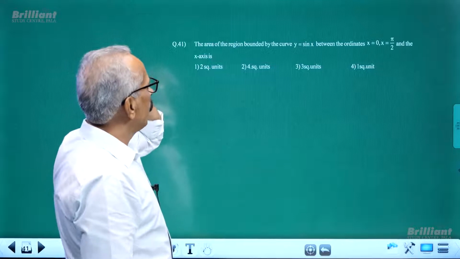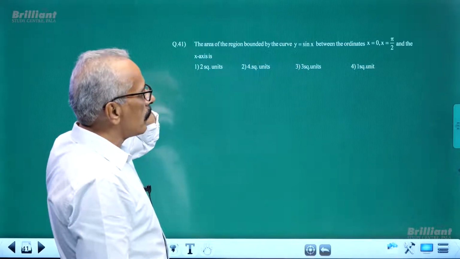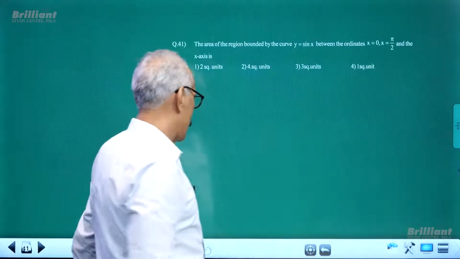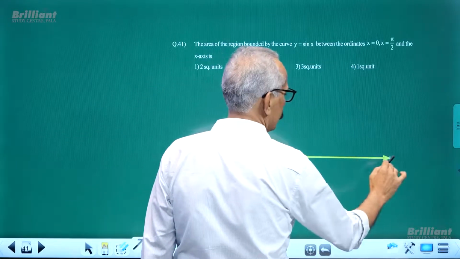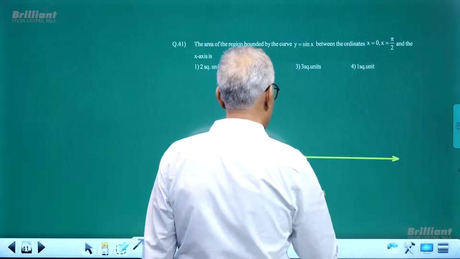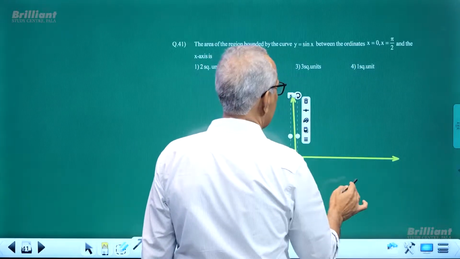Again, area. Area of the region bounded by the curve y is equal to sin x, the x-axis, the y-axis, and x from 0 to pi by 2.